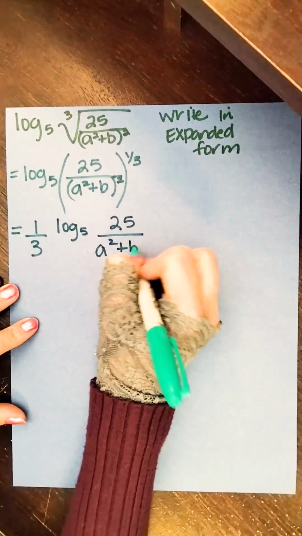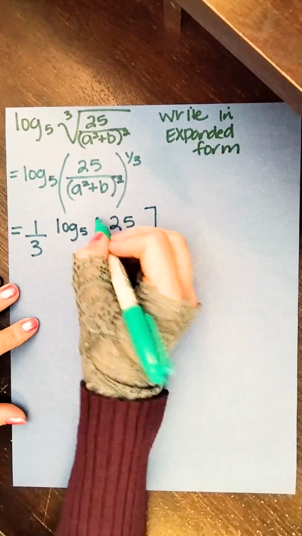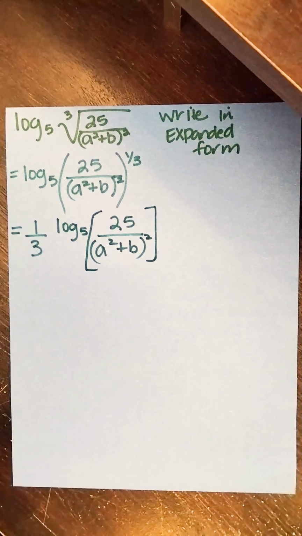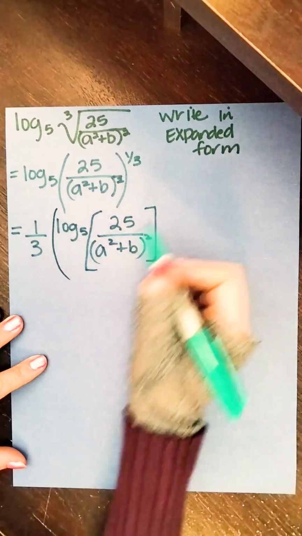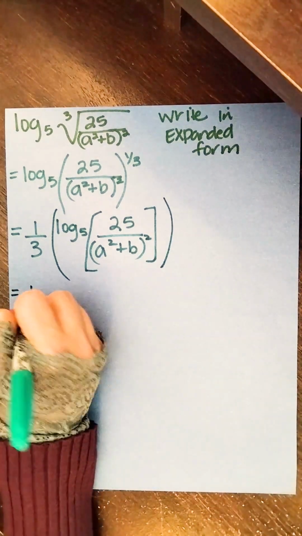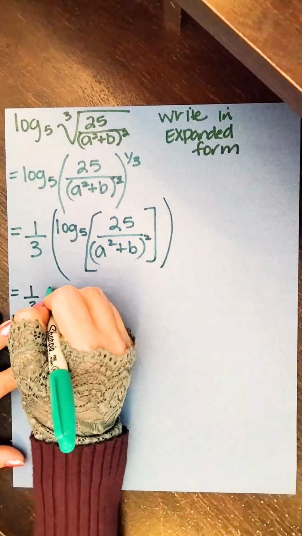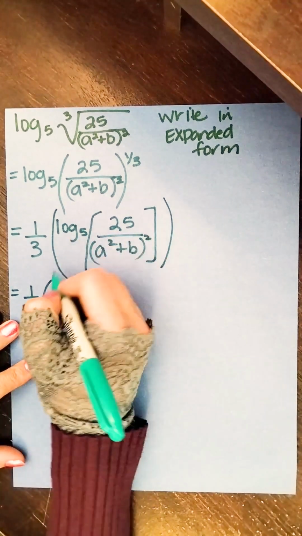So then we have this right here, 1/3 times log base 5 of 25 over a squared plus b all squared. And of course, we're taking 1/3 and multiplying it to all of this. We're taking the log base 5 of a quotient.